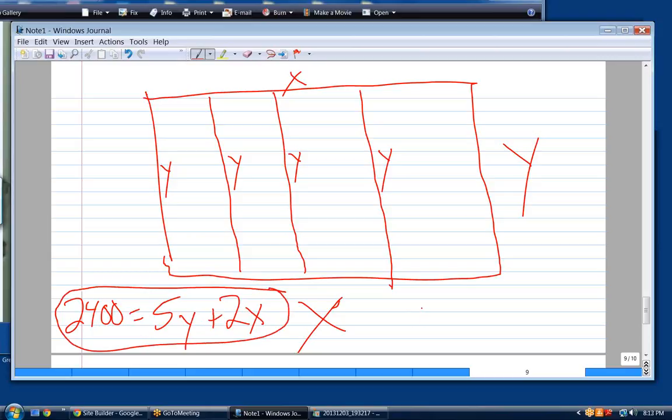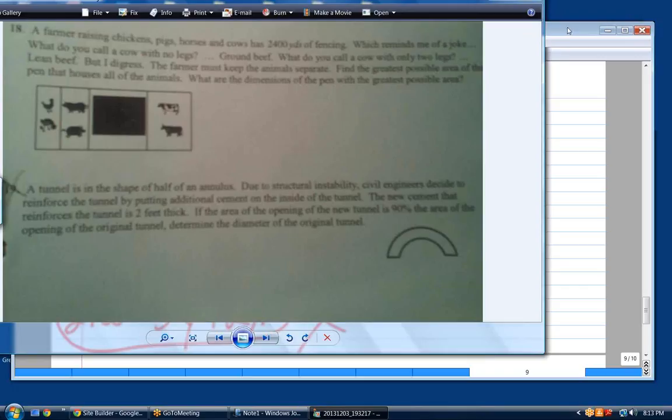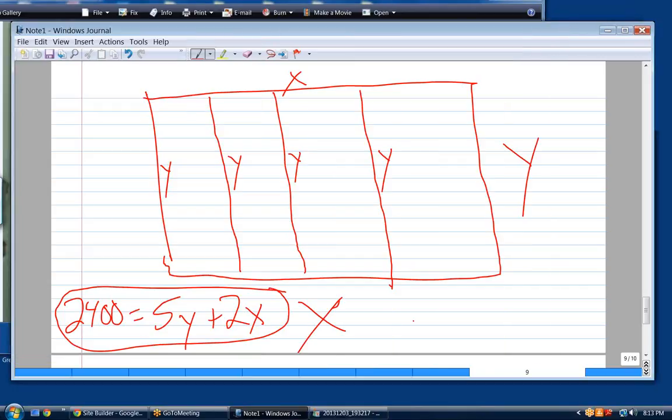The equation we want to maximize is what? In other words, they're asking us how do we build this thing to give us the most area. So what equation is it that we want to maximize? We're maximizing area. Area is what? Base times height.